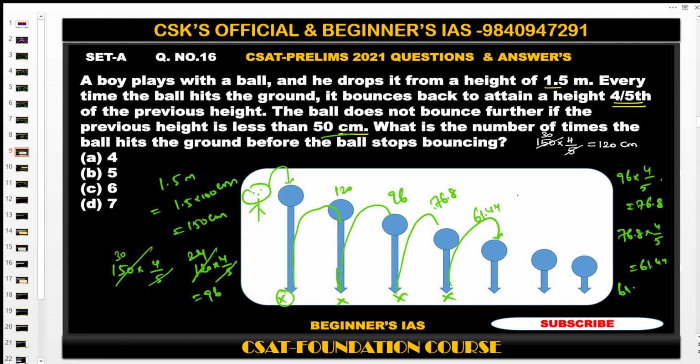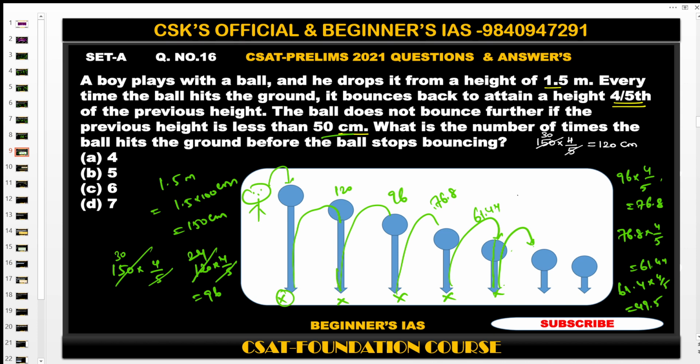Now 61.44 times 4/5 is nothing but 49.5. So then it hits here, but does not bounce back.